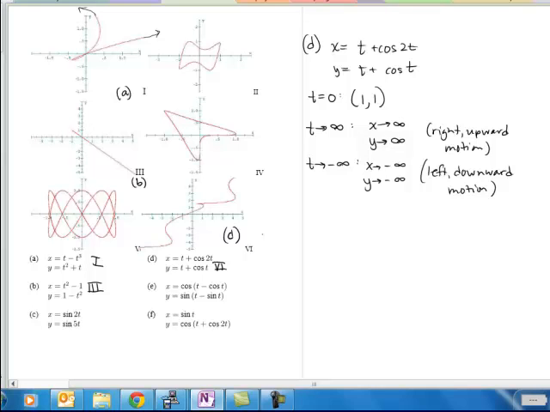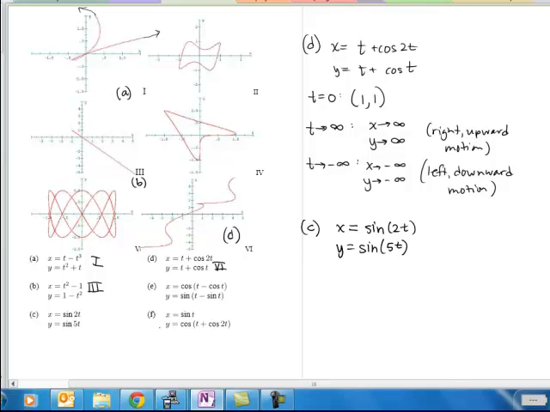Then, let's see, probably graph C might be the next easiest to determine. x equals sine 2t and y equals sine 5t. So notice that C and E and F are the only ones that are left, right?